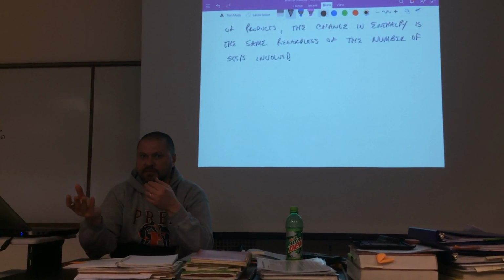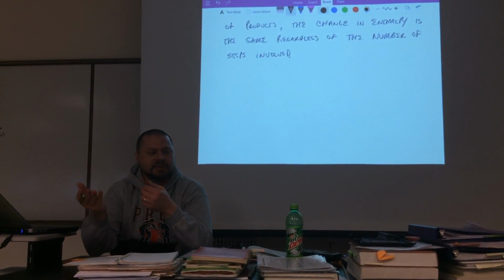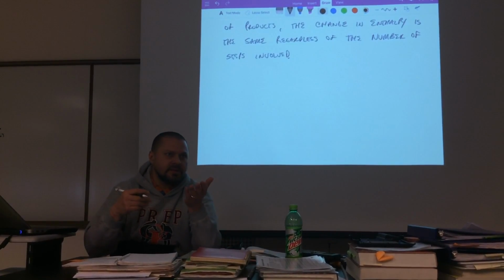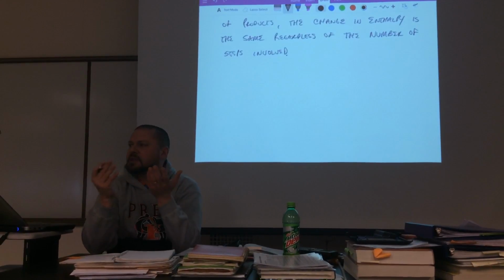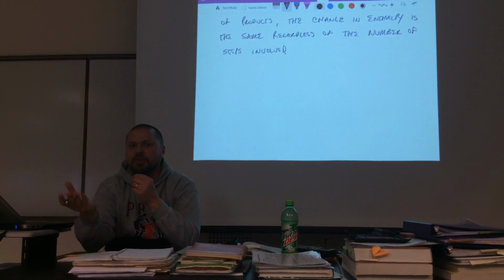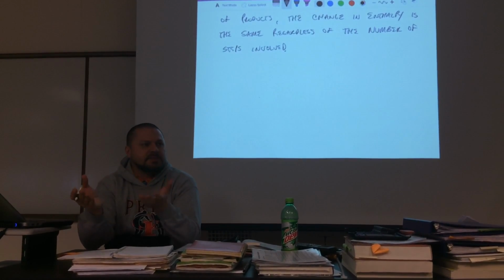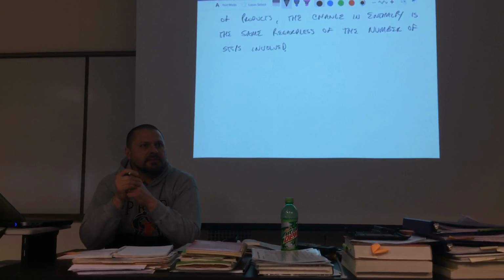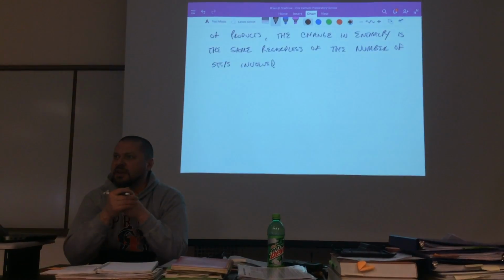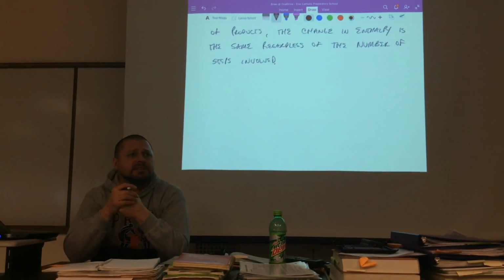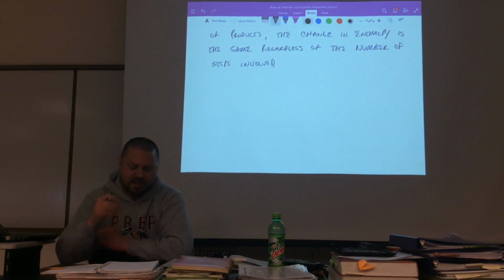If you have a chemical sitting in front of you, it has a certain amount of enthalpy associated with it. If you have a product sitting in front of you, it has a certain amount of enthalpy associated with it. It doesn't matter how you got there. So for instance, think about it like this. If you have a pile of sugar sitting in front of you, it has a certain amount of delta H associated to it. If I had more sugar, I'd have more delta H. If I had less sugar, I'd have less delta H. If it wasn't sugar, it'd be a different delta H. Be a different amount of heat.